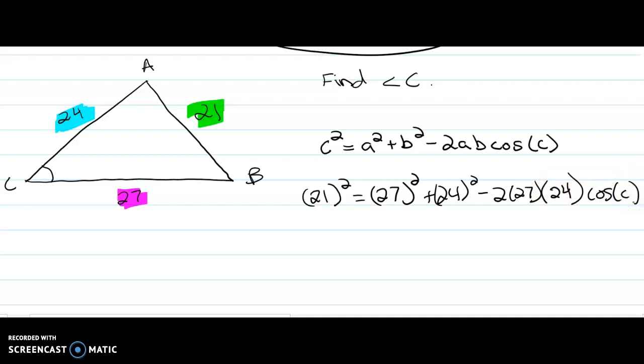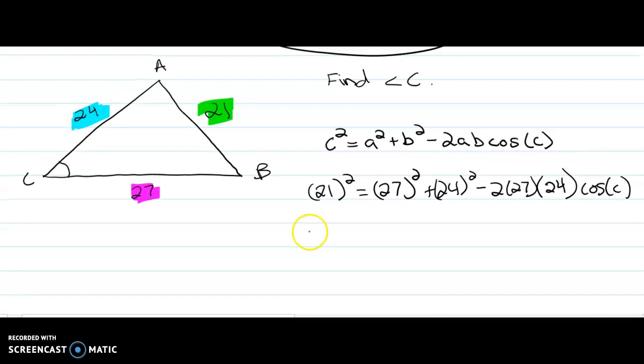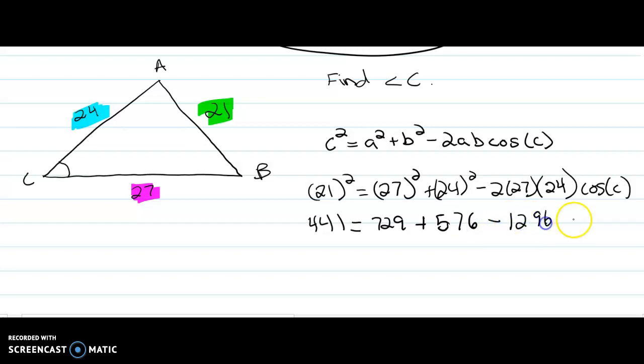Okay, so we want to solve for the cosine of c here. So I'm going to do it in parts. 21 squared is 441. 27 squared is 729. 24 squared is 576. Okay, 2 times 27 times 24 is 1,296 times cosine of c.